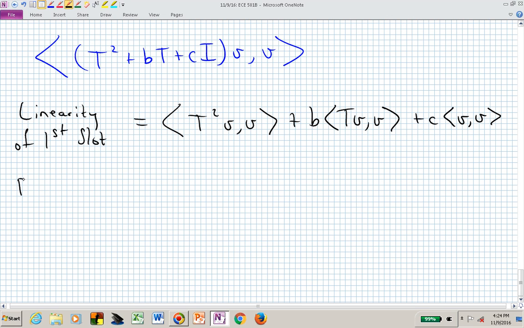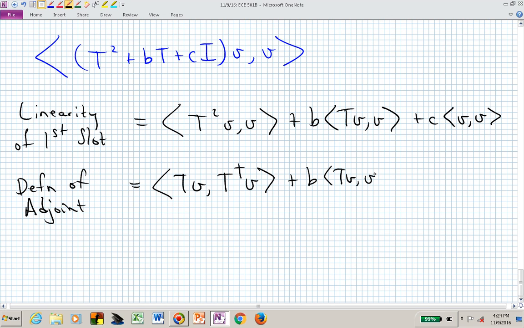The definition of the adjoint allows us to rewrite this as TV with T dagger V. And let's now just copy down what we had in the last two terms.